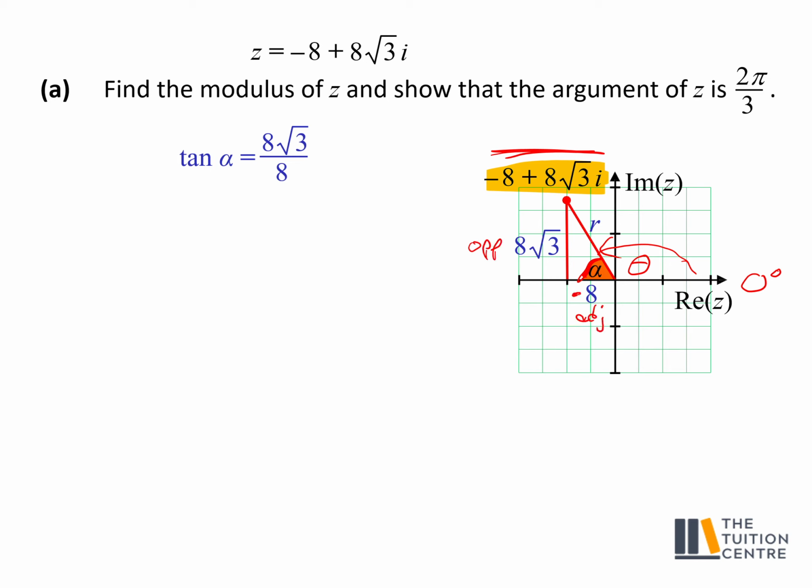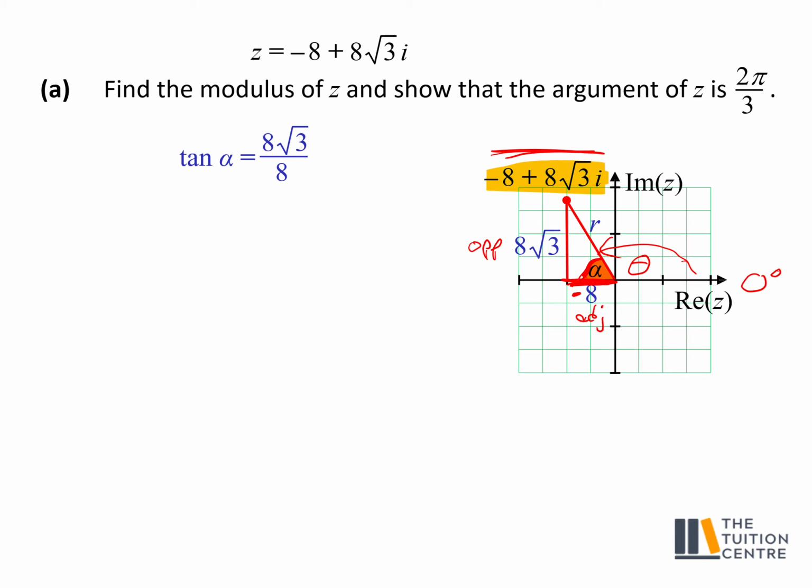Some people will point out that that should be a minus 8 units because it's 8 units to the left of the origin, and that is correct. However, alpha is just an acute angle, so it's the positive version of the adjacent we're going to use, because we're just finding the magnitude of the angle.